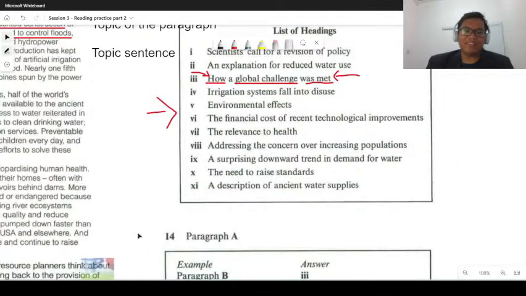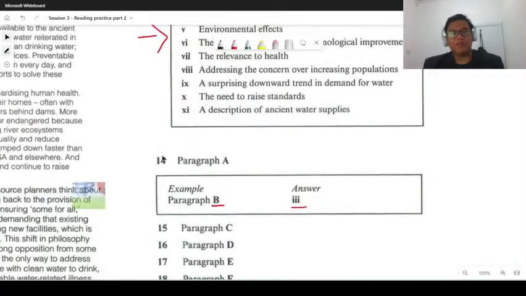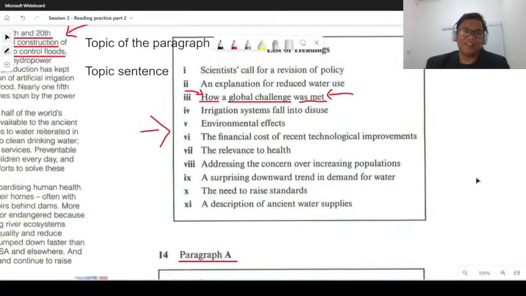Okay, so now let's take a look at a new question. We're going to try and do paragraph A. Now, when you start this type of question, as I mentioned in the beginning, you want to look at the heading first. So that's what we're going to do.